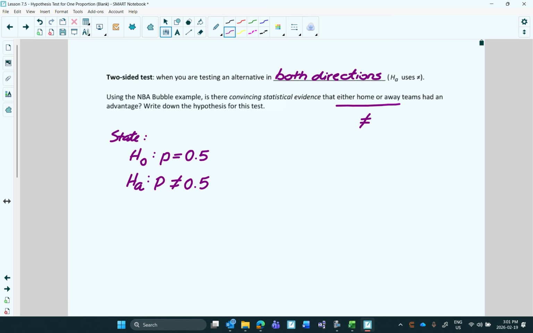It's either above or below. I can't use greater than or less than. I just use not equal. And then, of course, I would write p equals 0.5, and I'm not going to rewrite all this stuff. The plan is the same as before.